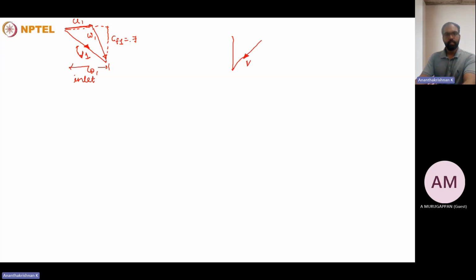If this is the relative velocity at the outlet, and this is the bucket velocity at the outlet U2, this will be the absolute velocity, which is equal to the flow velocity at the outlet. We need to calculate the bucket speeds at the inlet in order to calculate the absolute velocity at the runner inlet.